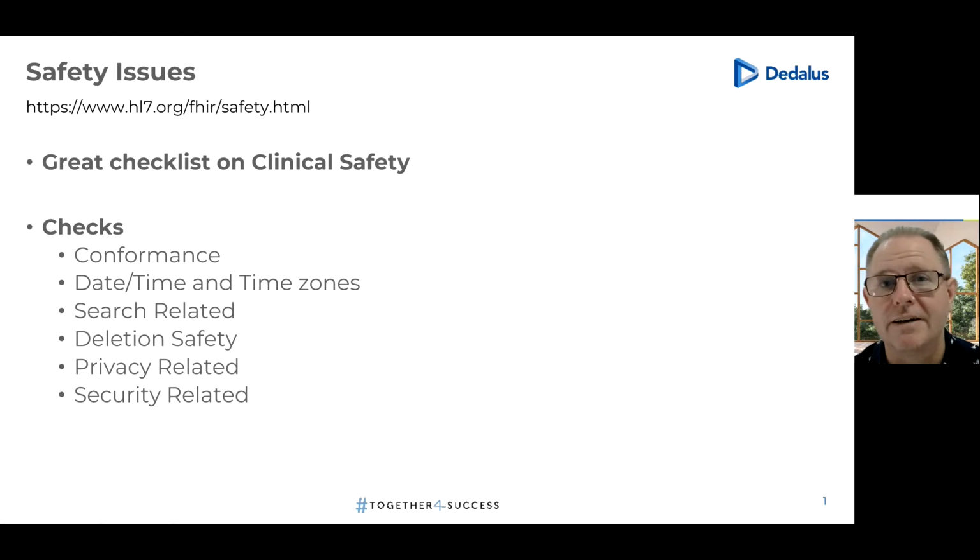Likewise, if I'm posting data, if I'm creating data in the server, was that data accepted or not? If I'm trying to post like a medication administration resource to say that I'm administering some meds and my post didn't work properly, that can have a real clinical safety impact on our implementation. So it's important that we check those status codes.